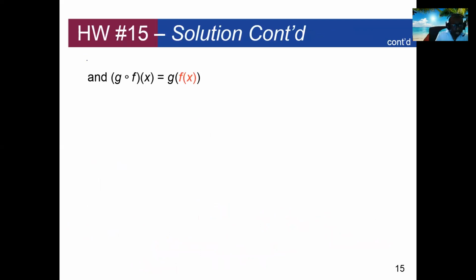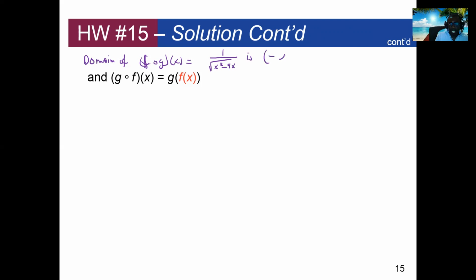So the domain of our composite function f of g of x, as we just got, which is 1 over the square root of x squared minus 9x, is what?